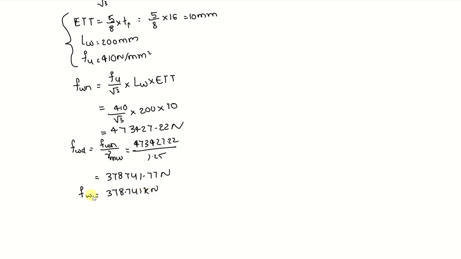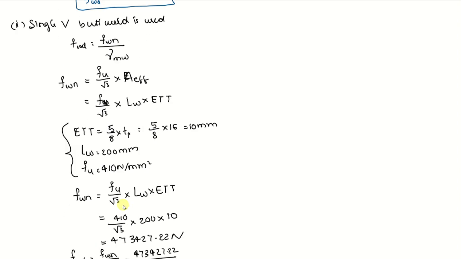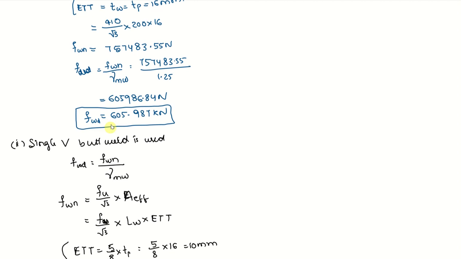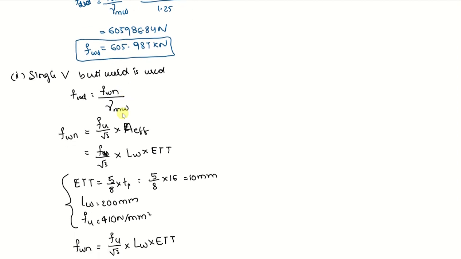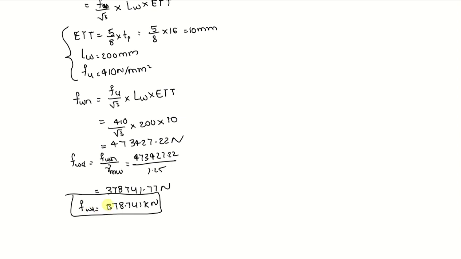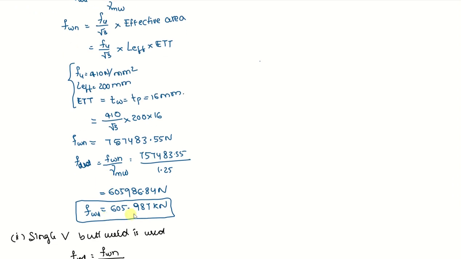So if you use this incomplete penetration single weld, FWD is 378.741 kilonewton. If you use the complete penetration, the design strength is 605.987 kilonewton. You can see a clear difference between the single weld and a double weld. Thank you.